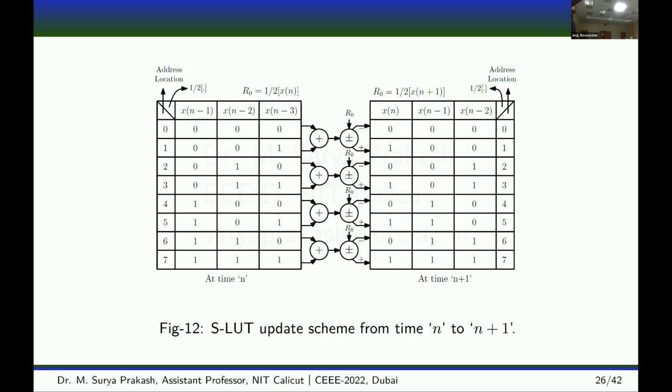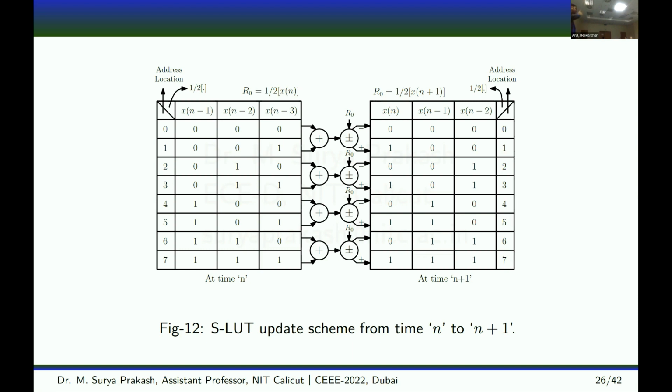This simply represents the term minus x of n minus 1 minus x of n minus 2 minus x of n minus 3. And in the second location, we have 0, 0, 1. This represents minus x of n minus 1 minus x of n minus 2 and plus x of n minus 3. So in short, 0 here represents a negative sign to that of the term that is present above it, and 1 represents the positive sign to the term that is present above.